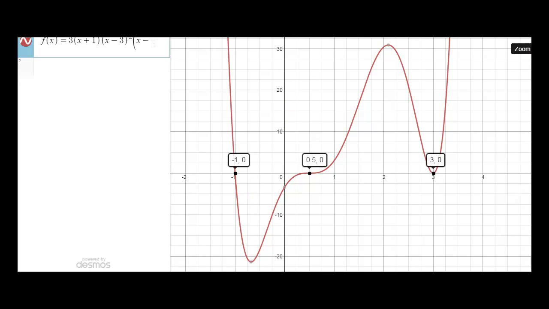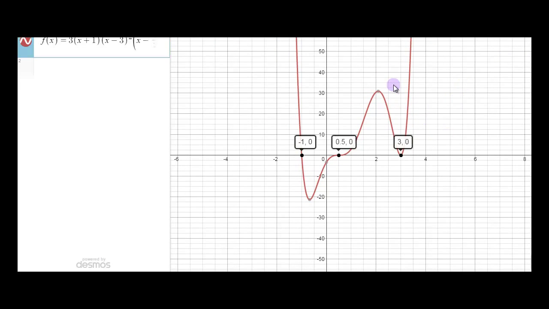Let's go a little larger. There we go. You can see here that my function is going off to infinity in the same direction, right? Both ends of this function are moving to positive infinity, and therefore we know that this would have to be some sort of even-powered function.